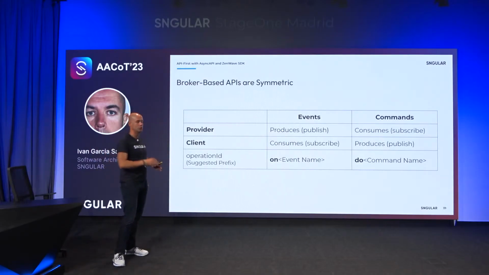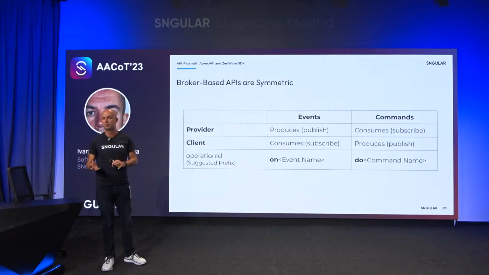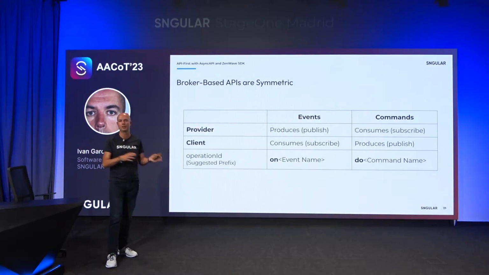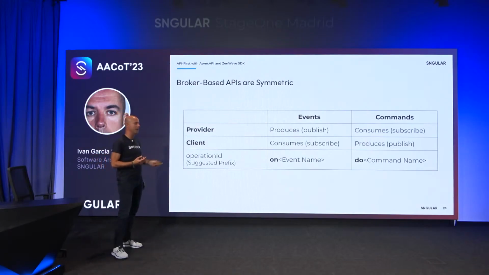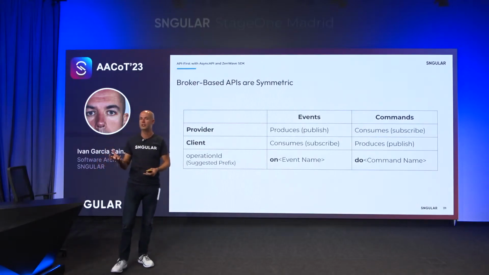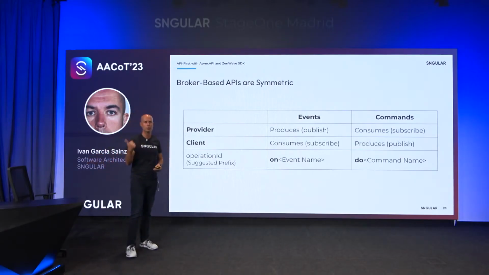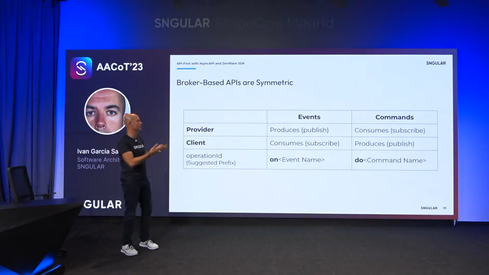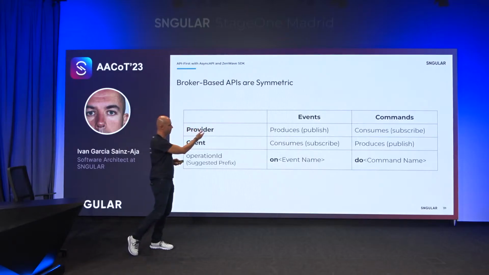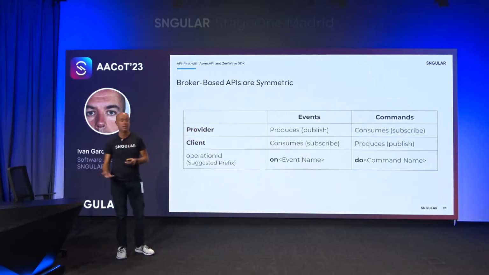But once you get your head around it, it's quite easy. And once you find out if you are the provider or the consumer, our proposal was to create the APIs only from the side of the provider and then configure the generator to generate the inverse code on the other side. So we avoid duplication, and we already have a way to know if you use publish or subscribe.